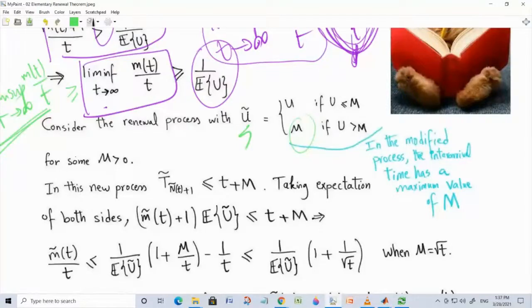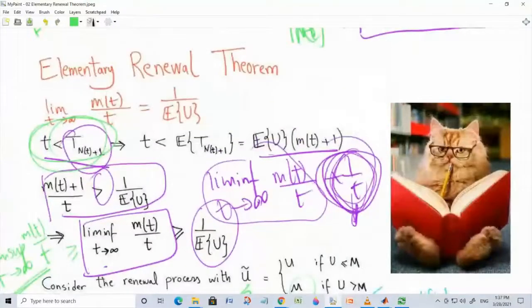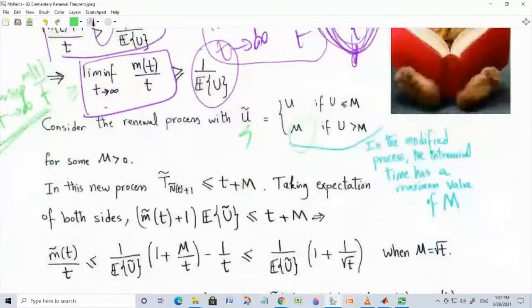The problem is that if the inter-arrival time is a random variable that can take arbitrarily large values, then you will have a problem in getting an inequality in the other direction. The trick here is that you want t to be greater than something, and you get it by doing this.